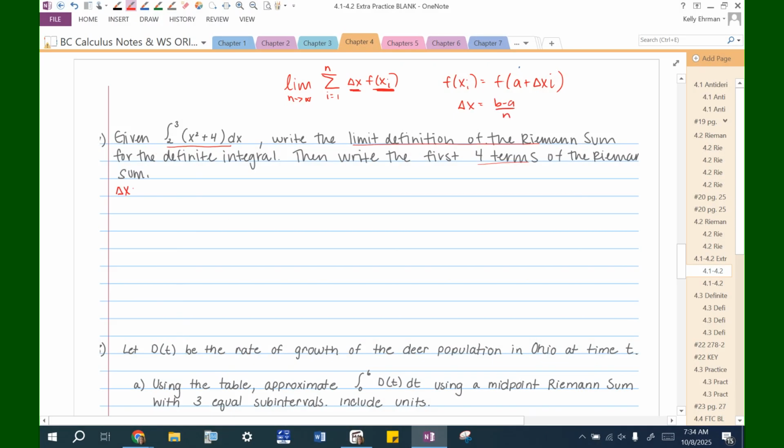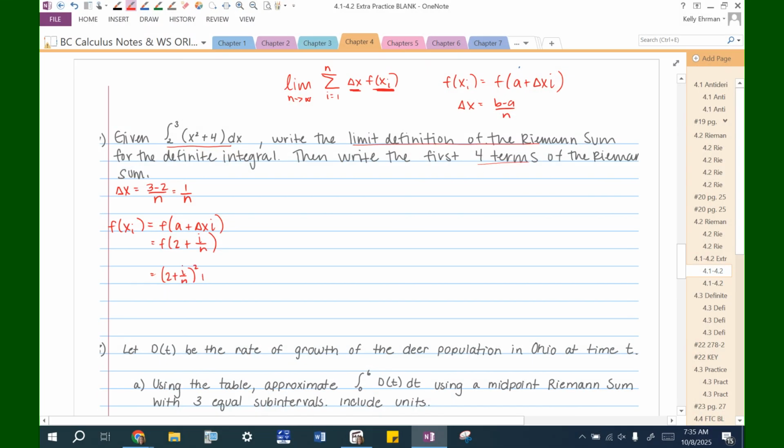So start with delta x. It's 3 minus 2 over n, which is 1 over n. Now go with f of x sub i, which is f of a plus delta x times i. A in this problem is 2, so f of 2 plus 1 over n times i. I'm just going to write i over n. I don't always do this, but if you want to, go ahead and plug that in. The function is x squared plus 4, so you would be plugging it in like this.